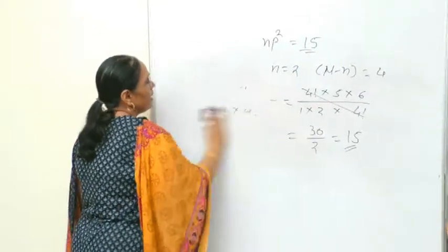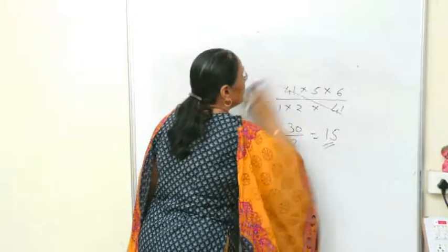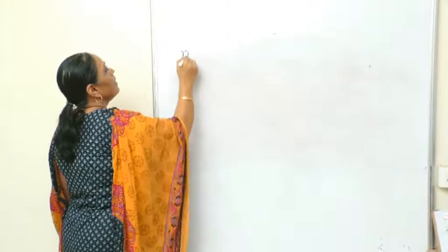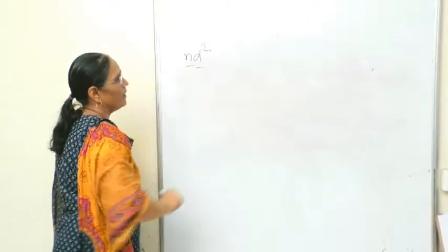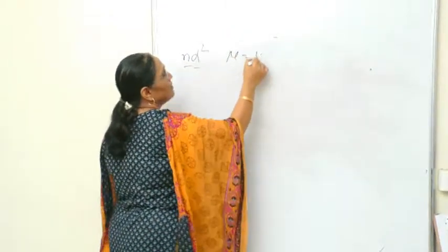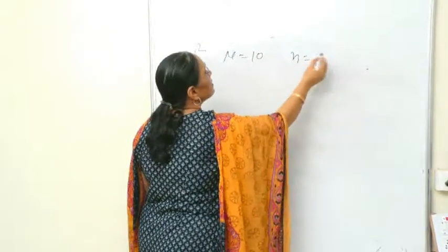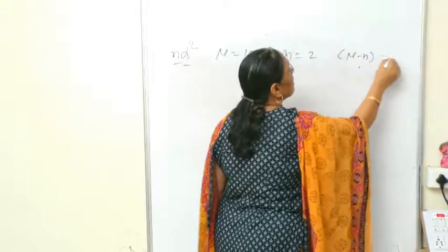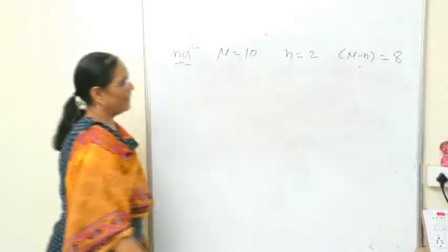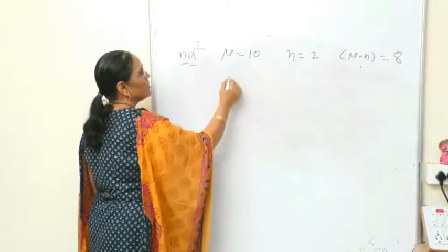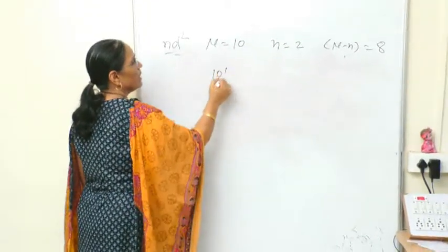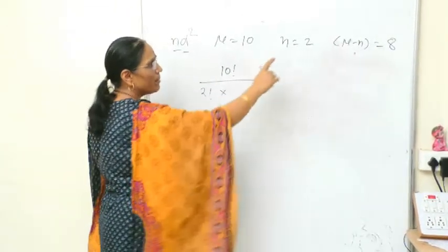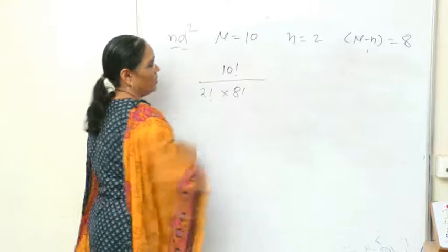Similarly, for nd2 configuration, here you know N is equal to 10. Here now small n is equal to 2. Therefore, N minus n will be equal to 8. By using the n factorial equation, capital N, 10 factorial, by small n, 2 factorial, into N minus n, that is 8 factorial.